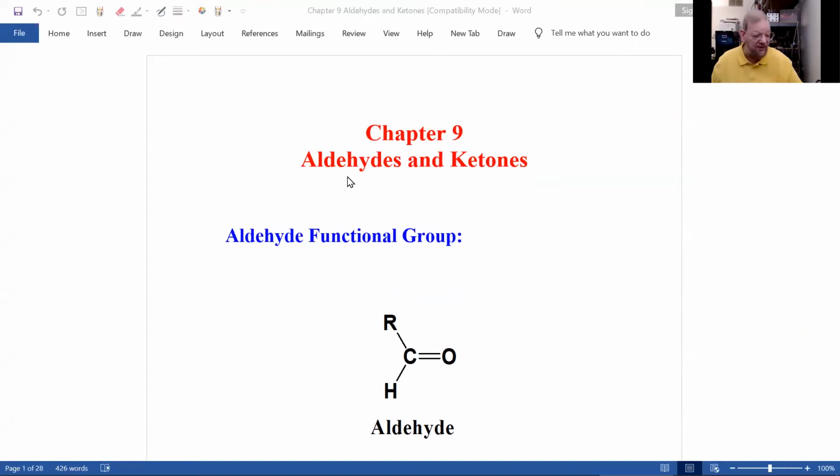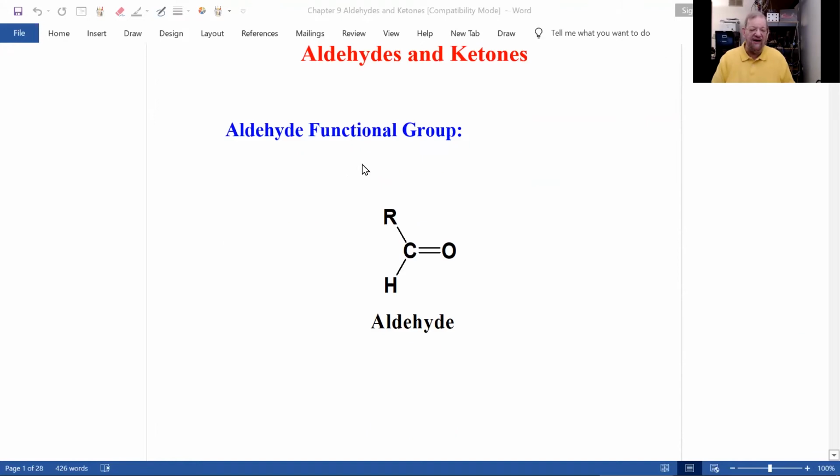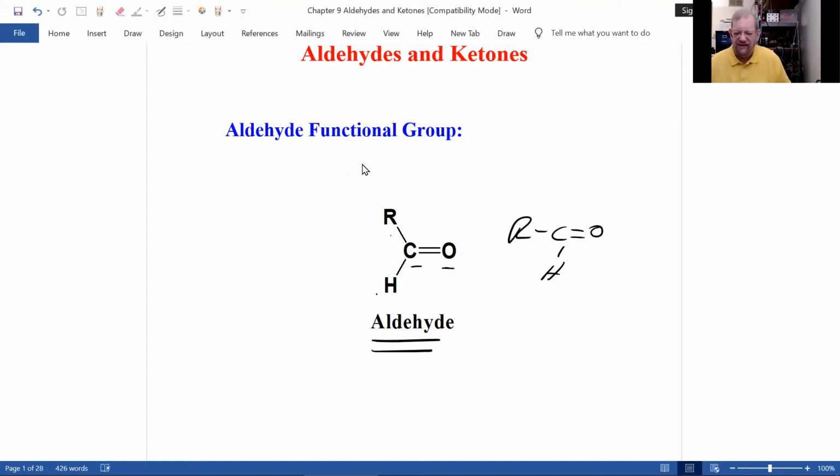So what's an aldehyde? Well, an aldehyde is a carbon double bond to oxygen that also has on it R and H, another way of writing it. And this is an aldehyde. Sometimes my software will do it, and I might do it, I'll write it like this, where the bend of the line right here is a carbon.